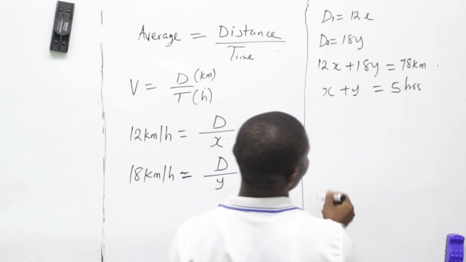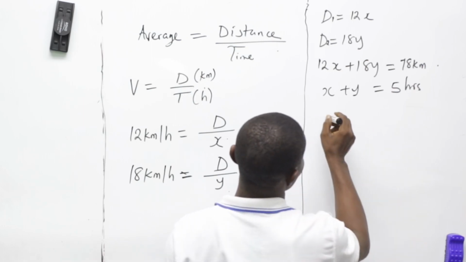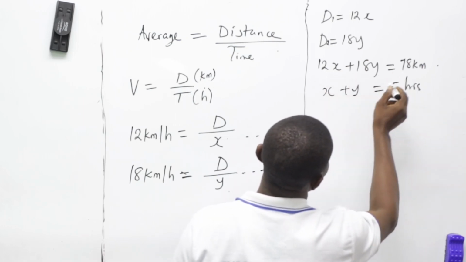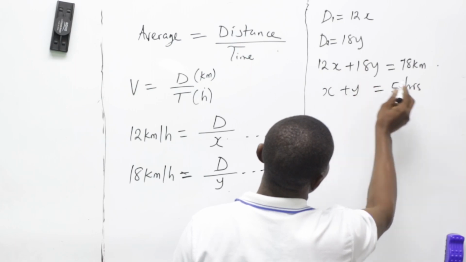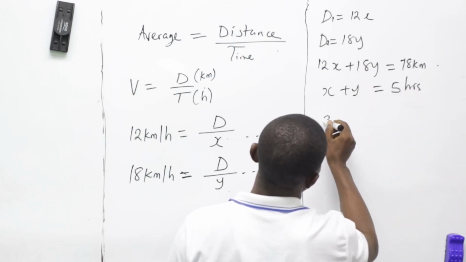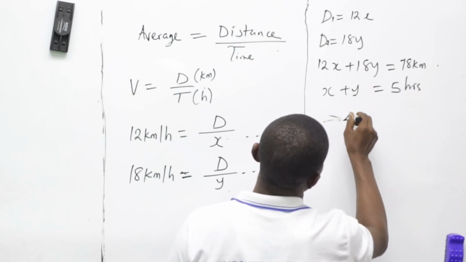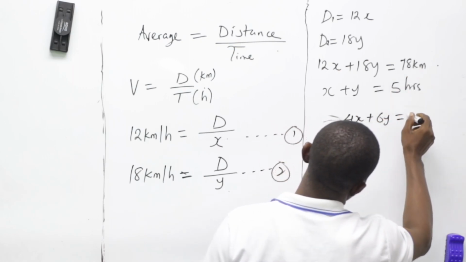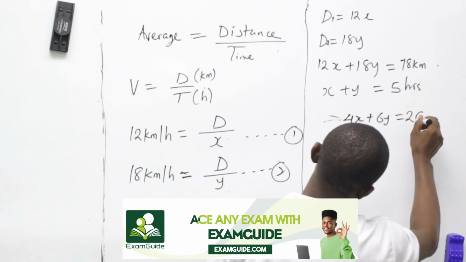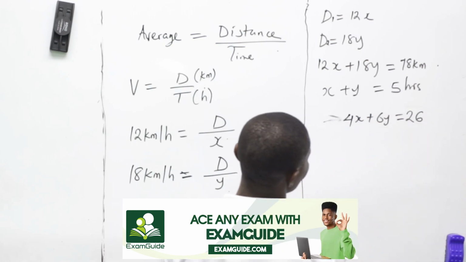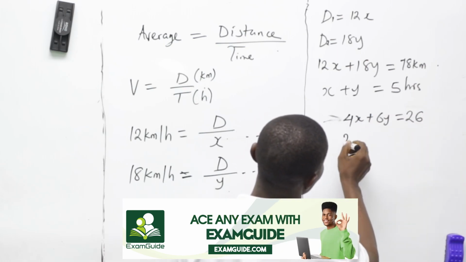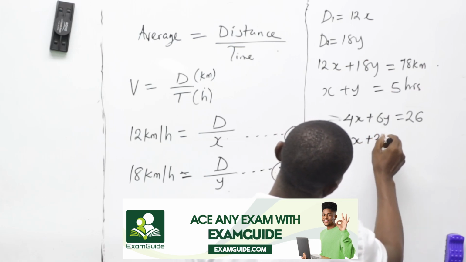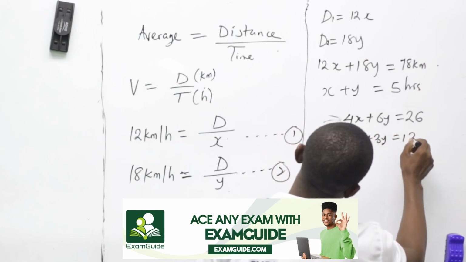Now, we can actually say that when we divide through by 3, we'll have 4x plus 6y equals 26. 2 can still go: 2x plus 3y equals 13.